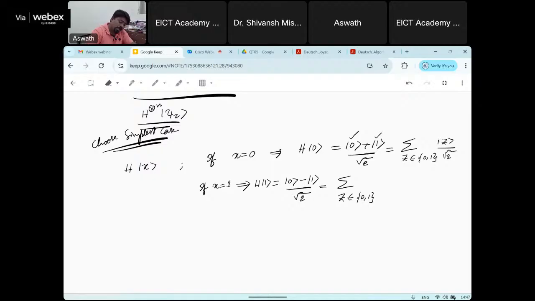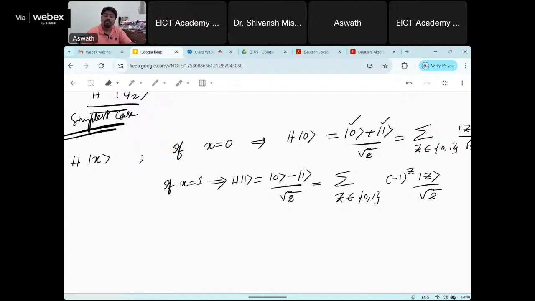So I'll write minus 1 to the power of z, z ket, divided by square root of 2. Whenever z is equal to 0, the minus 1 does not come into the picture, so I have the 0 ket. Whenever z is equal to 1, I get minus 1 to the power of 1, which is minus 1, times the 1 ket.